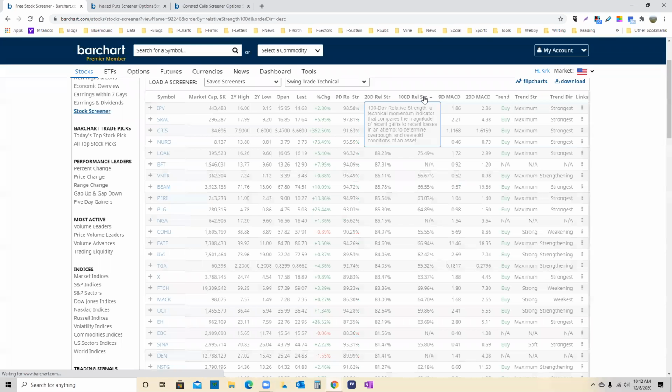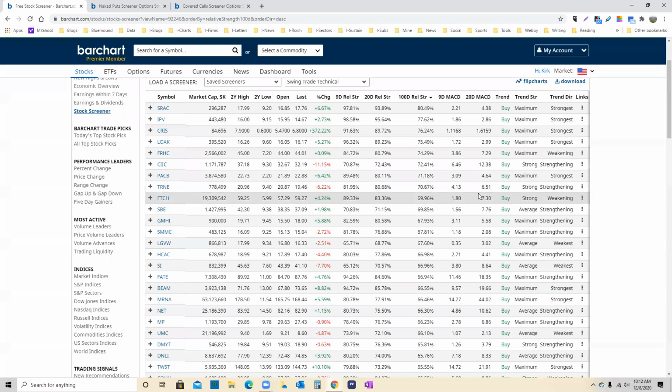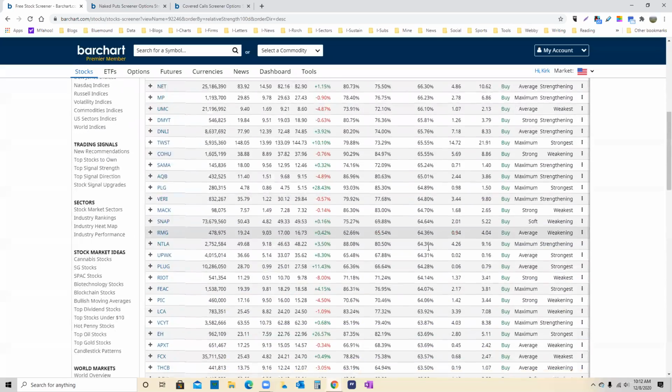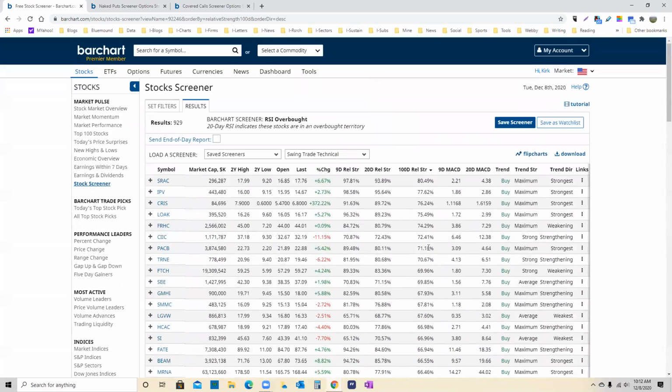And the 100-day, you can see that you have an awful lot of things starting to get overbought for a very long time. And what that means is that what I've showed you over on TradingView with the weekly overbought, these numbers are starting to tell you that the weeklies are getting overbought too. So they just do it as a 100-day, but they could have just as well put in weekly and it would have been similar information.